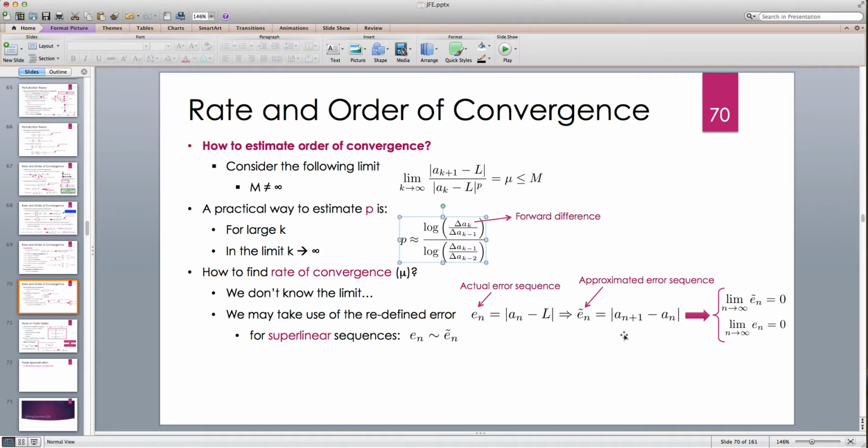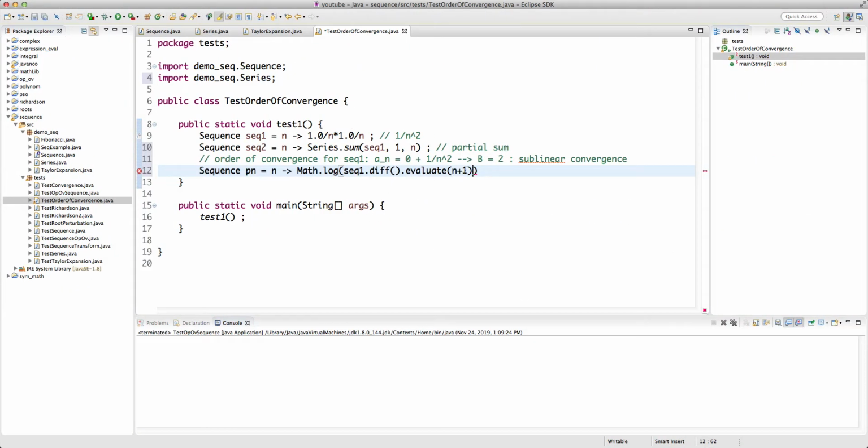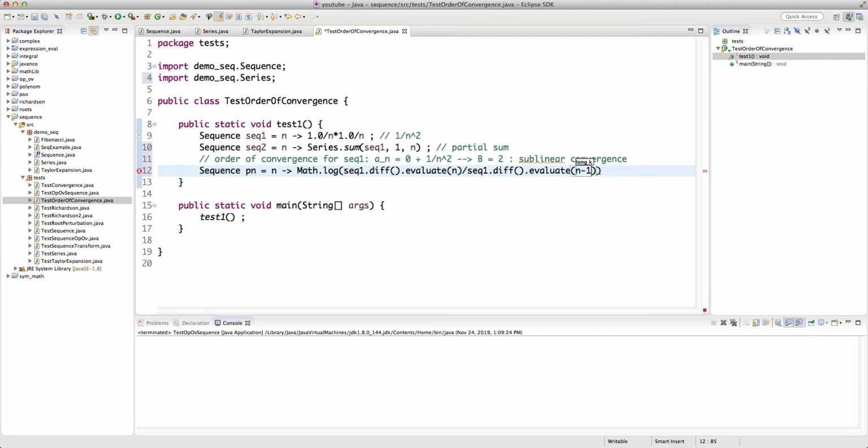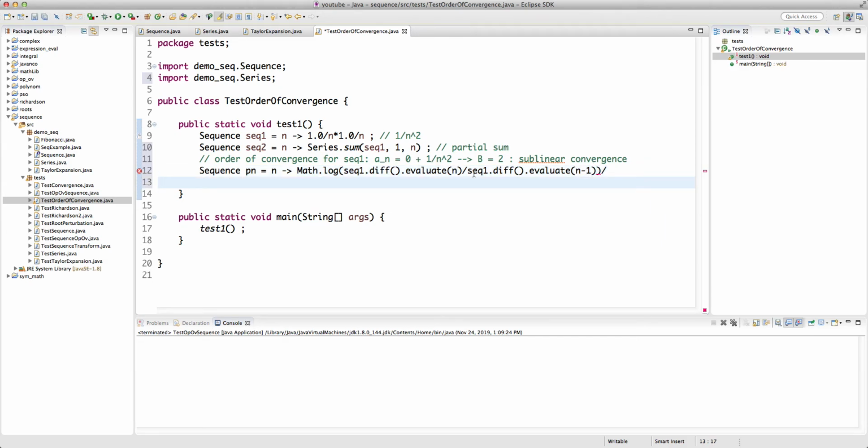Actually, we want to evaluate this at n, and then divide by sec1.diff evaluated at n minus 1, and then divide the whole thing by math.log of n minus 1 and n minus 2, right? So we take the forward difference of the original sequence an and evaluate it at n, then at n minus 1, and then at n minus 2.